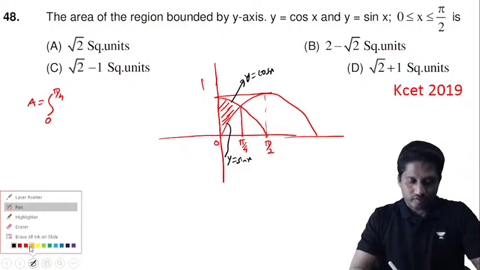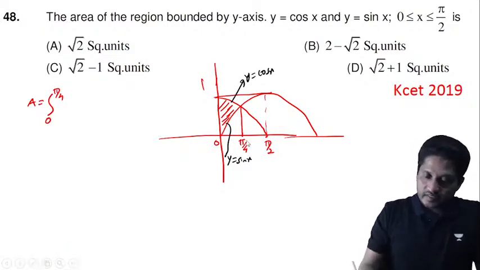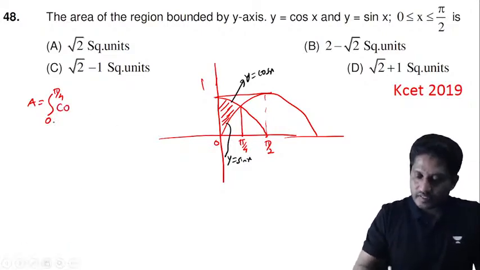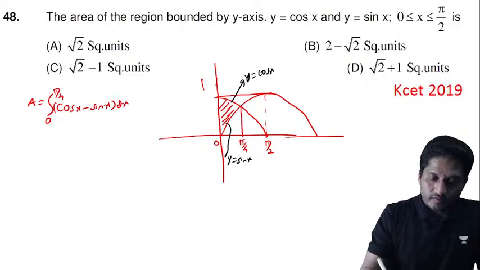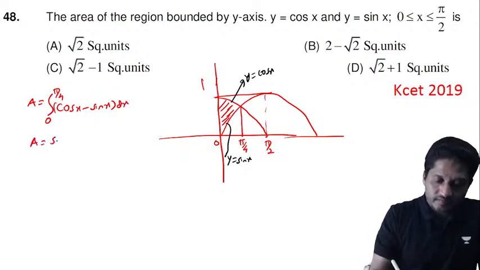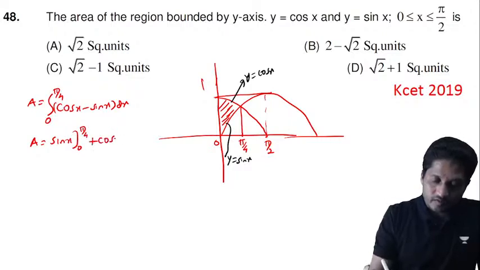From 0 to pi by 4, I'm going to take cos x minus sin x, because cos contains more area. So this is cos x minus sin x dx. Integration of cos x is plus sin x between the limits 0 to pi by 4. Integration of minus sin is plus cos between the limits 0 to pi by 4.